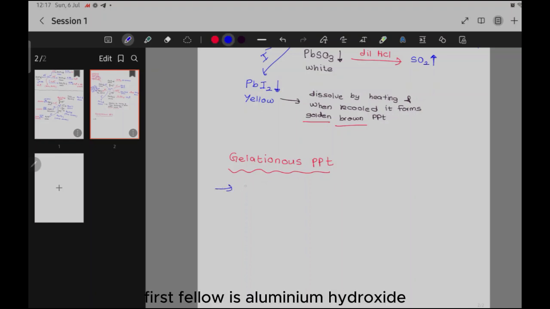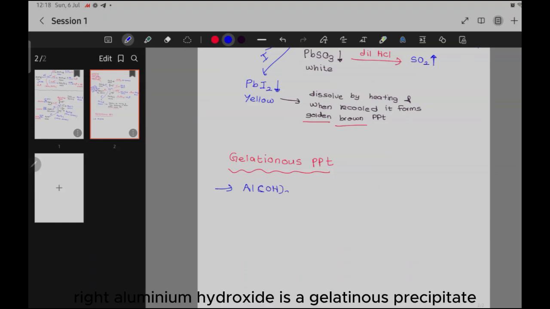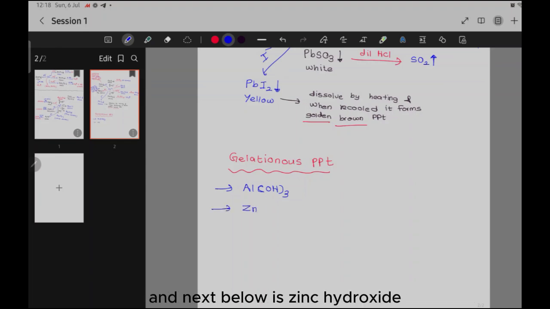The first is aluminium hydroxide, which is a gelatinous precipitate. And the next is zinc hydroxide. So these are the two gelatinous precipitates in our syllabus.